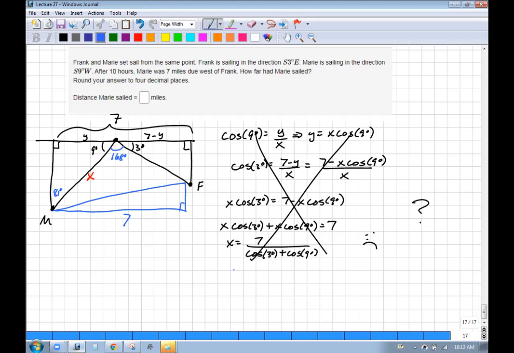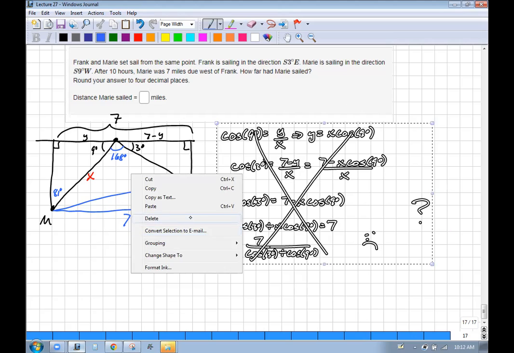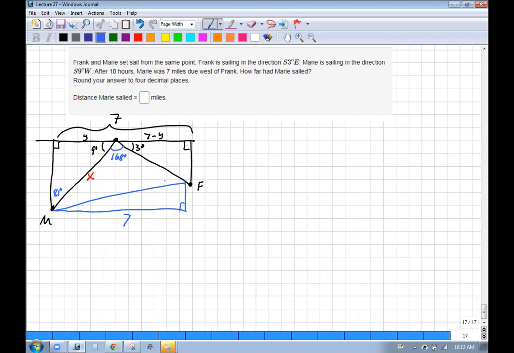Yeah, somehow we have to get the law of sines involved. I think we have to focus on this triangle here. We know that this would be 87 degrees. So we need to figure out what these angles are so we can get these 3 angles.